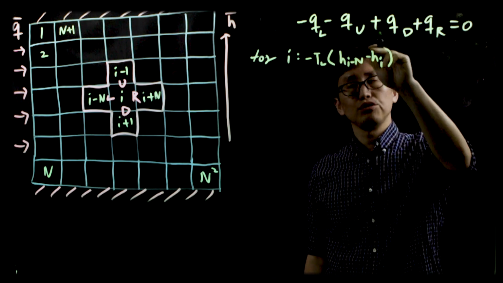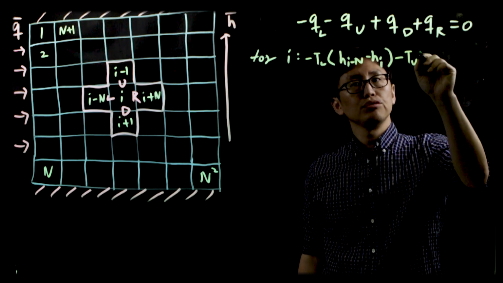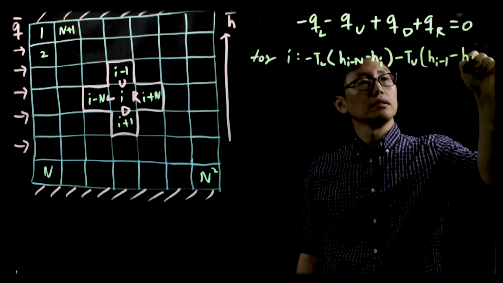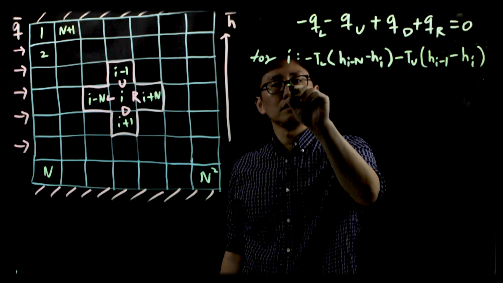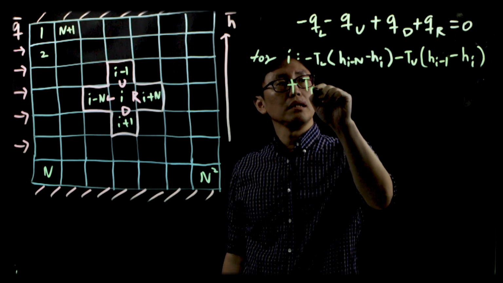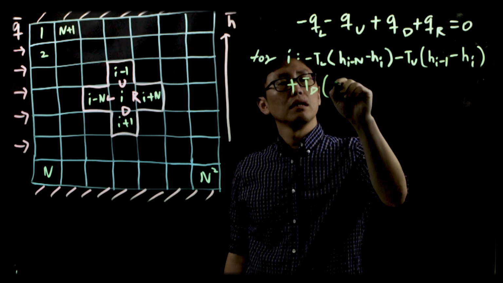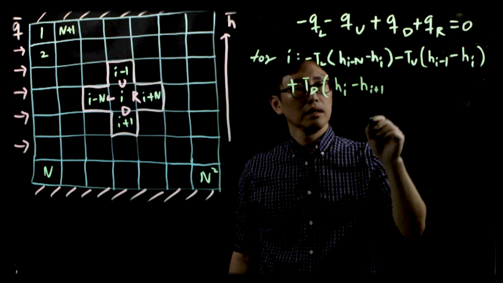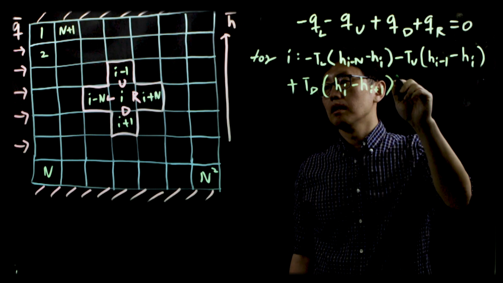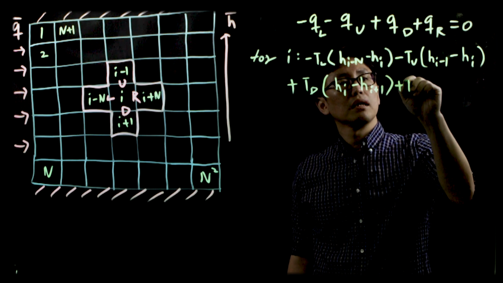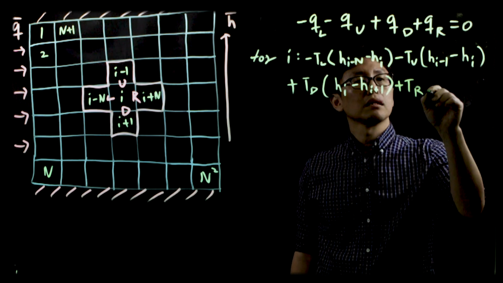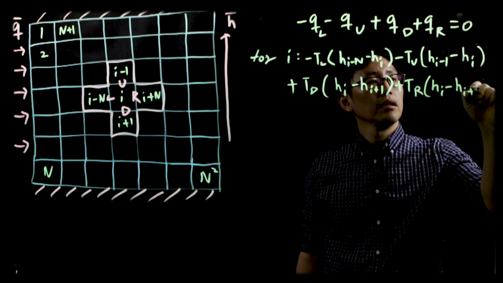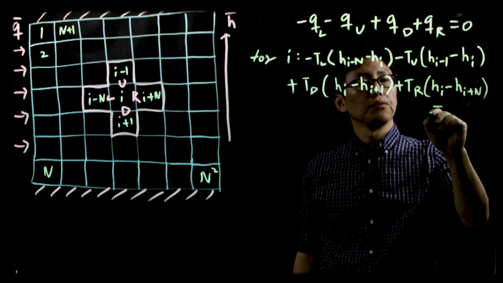And QU should be written as minus TU times (H_{I-1} minus H_I), and QD is written as plus TD times (H_I minus H_{I+1}), plus TR times (H_I minus H_{I+N}), right? This is equal to 0.